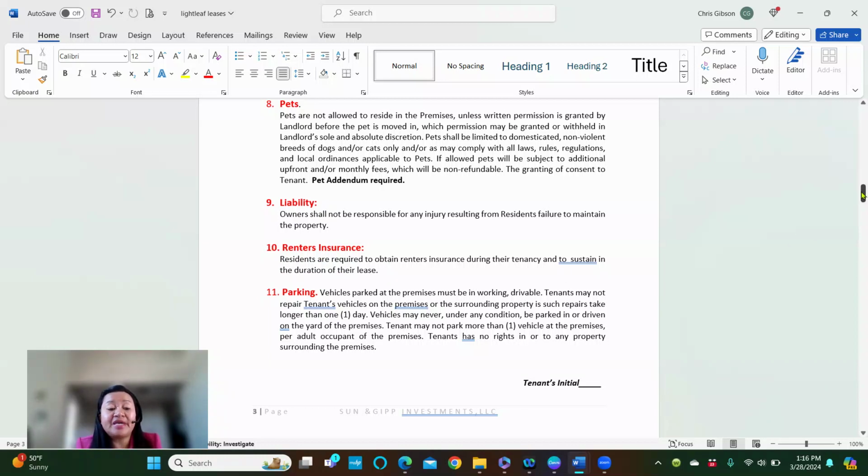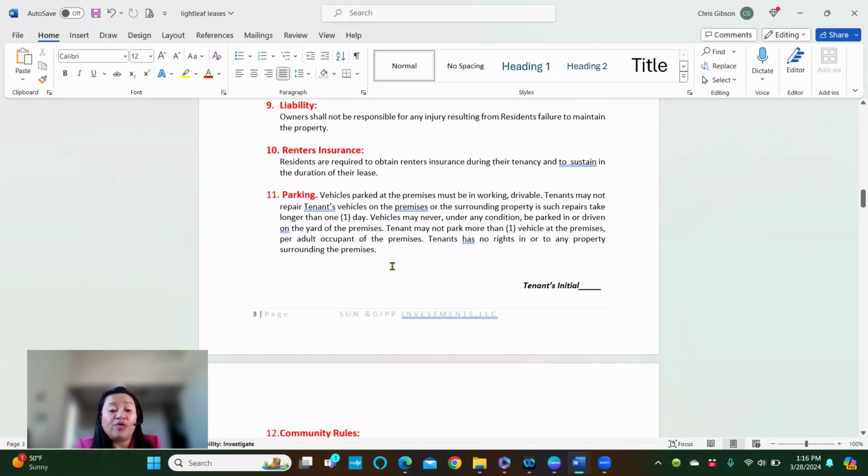And also the parking area. Yeah, the parking area is a common problem that we are dealing with right now. Sometimes some of the tenants bring some people, or put a non-working vehicle, so we don't allow them to keep that vehicle in the parking area if it's not workable.